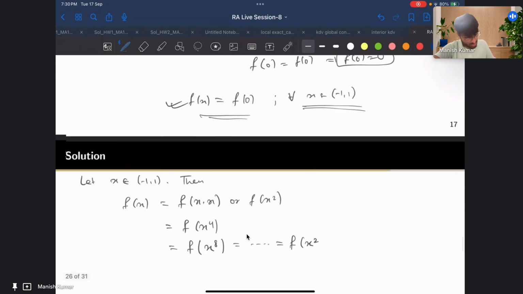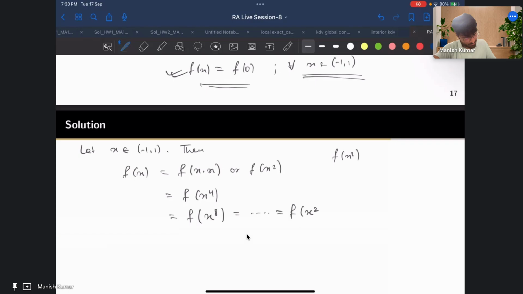So what will be the condition? Let me see how the general term should be written.